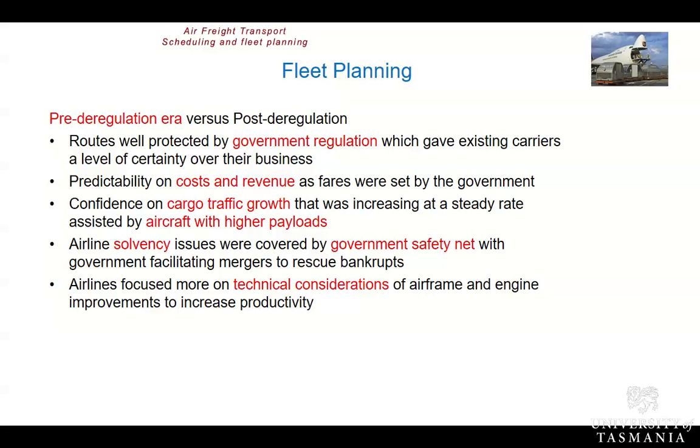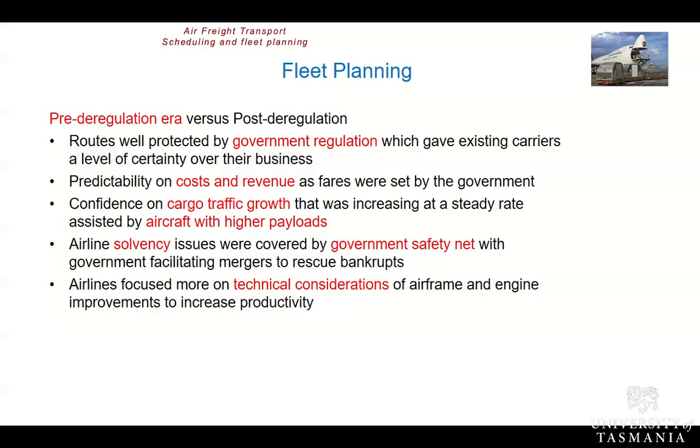When it came to airlines in terms of their own productivity, they were more interested in perhaps the technical considerations in regards to the airframe and engine improvements over time, rather than what was happening in their own approach to business.